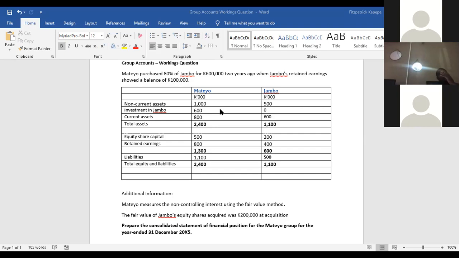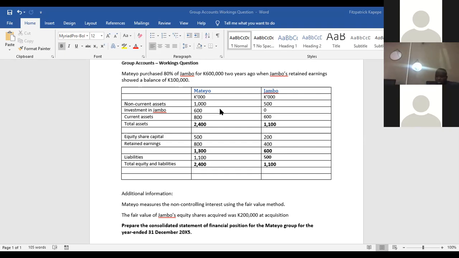You remember in that question we had calculated the NCI.